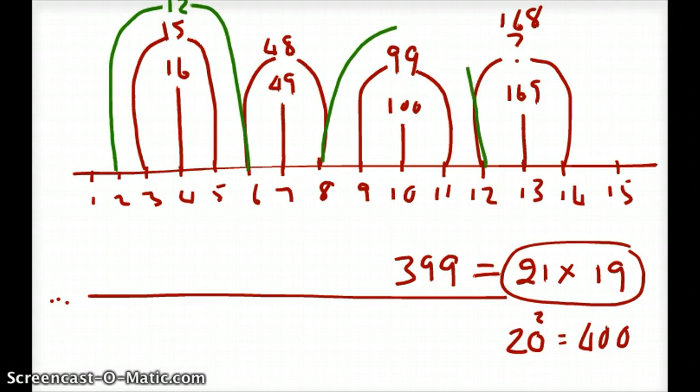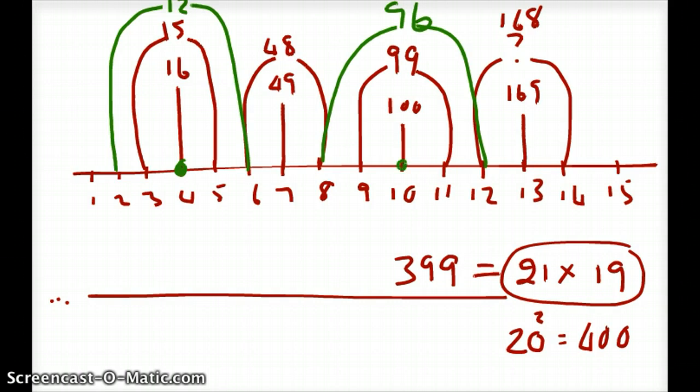What's going on here? So this is my middle number.